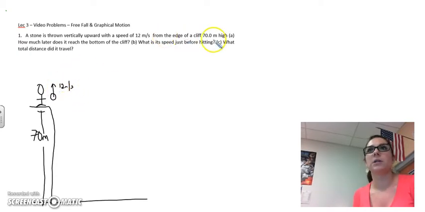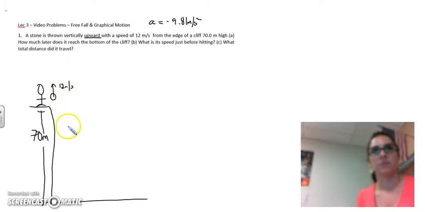Those are the two numbers they gave us in this problem, but as I discussed, anytime you have a free fall problem, including throwing upward, we can automatically assume the acceleration is 9.81. Since there are directional pieces, this object will go up and down.